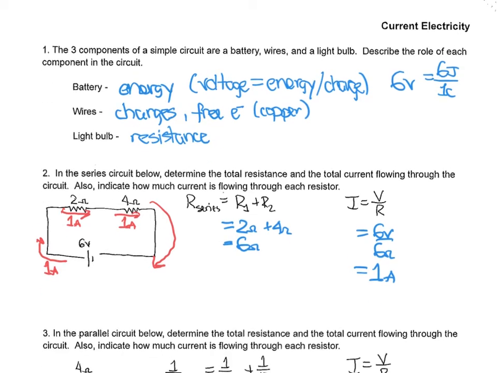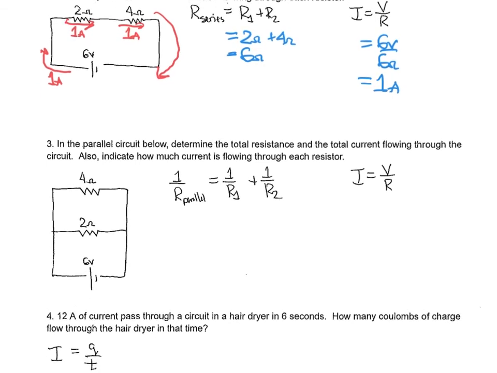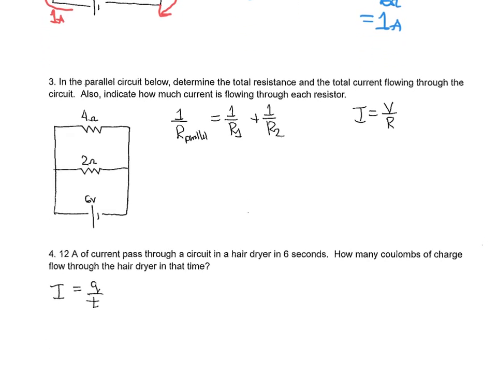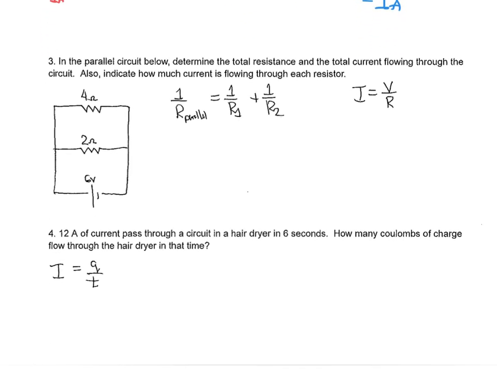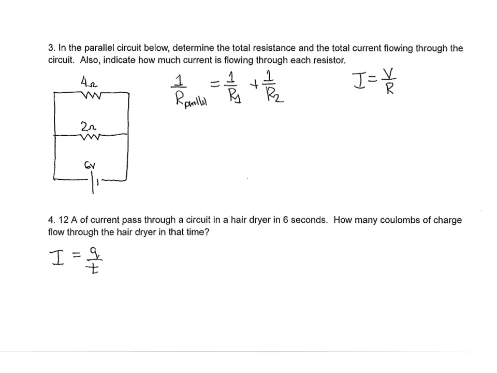Whereas our parallel circuit, there's more than one road to travel, everybody. All right, so let's check that out. So in the parallel circuit below, right, here we have 6 volts, then we have a 2 ohm and a 4 ohm in parallel this time. They were in series before. You know, if I have my current flowing, current's going to take different paths. So let's calculate the total resistance, 4 and 2 in parallel, which means we have to do some inversing here, and that's fine.